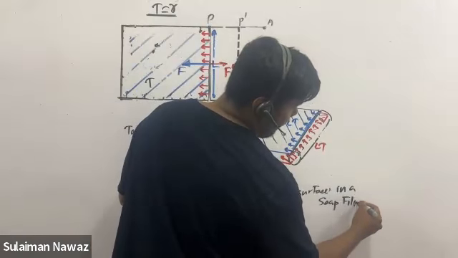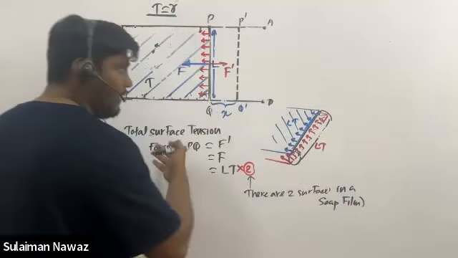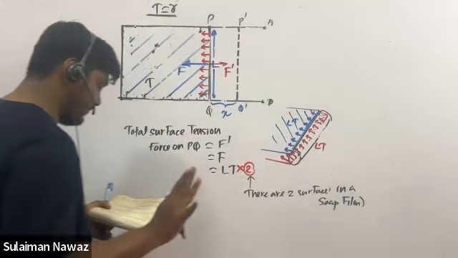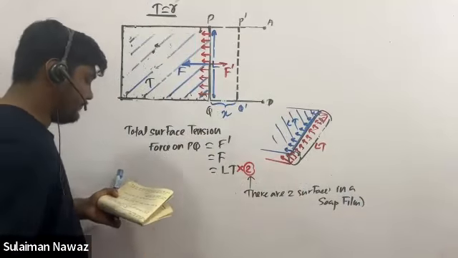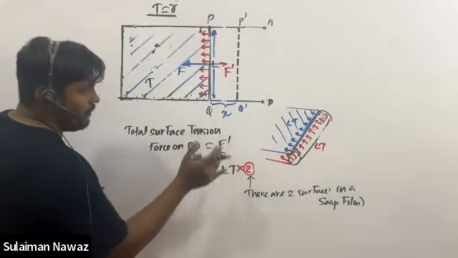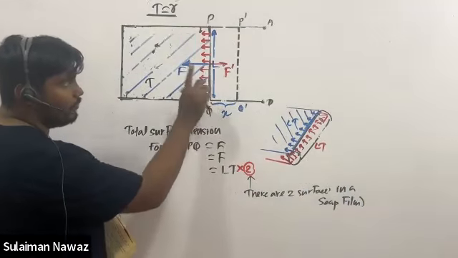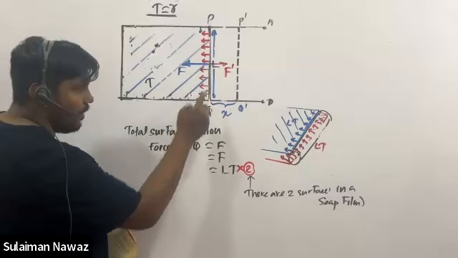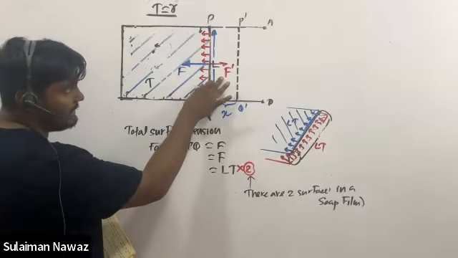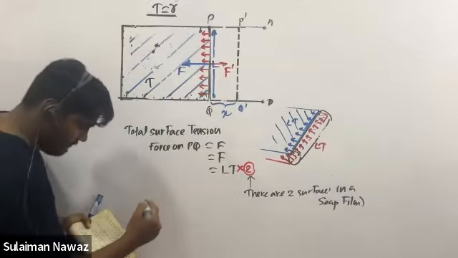That's why we multiply by 2. If there is only one layer, we just multiply by 1, right? Now, in order to move this PQ wire, we have to provide a force capital F dash that is at least equal to capital F, right?